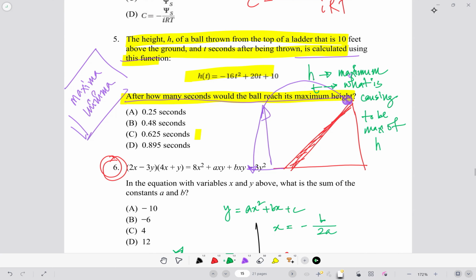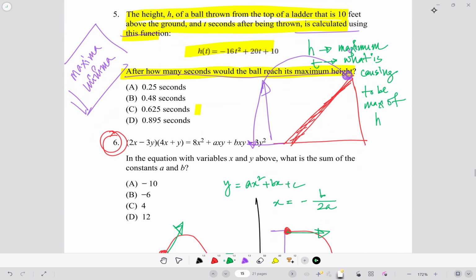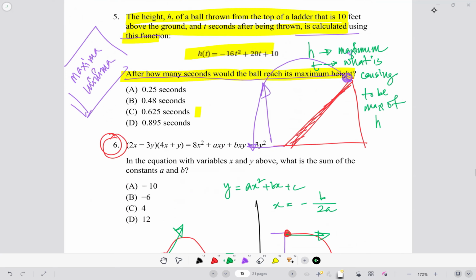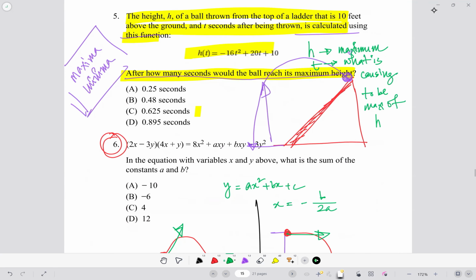For this equation, we can analogously compare, and a equals negative 16, b equals 20, and c equals 10.